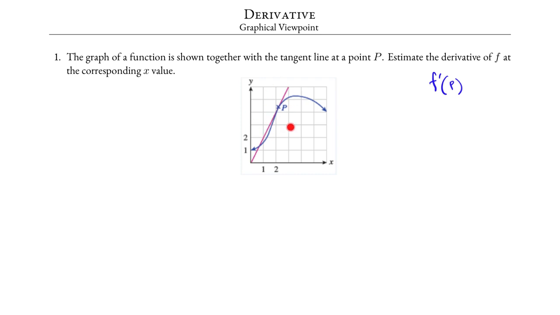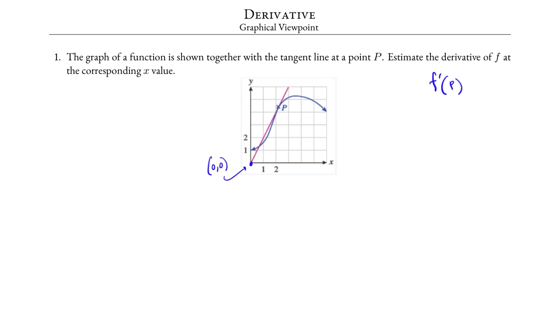Once we have a good tangent line, we pick any 2 points on this line. But usually we pick the 2 points whose coordinates we can identify easily. In this case, those are the points at the intersection of the help lines. This point is on the line and its coordinate is easily identified. This is when x equals 0 and y equals 0.